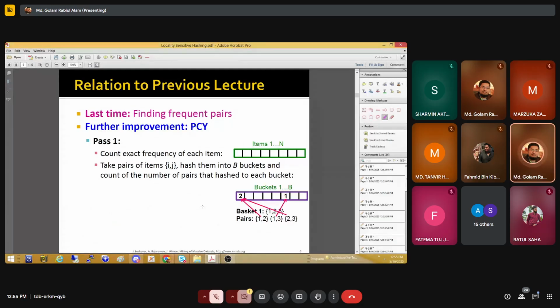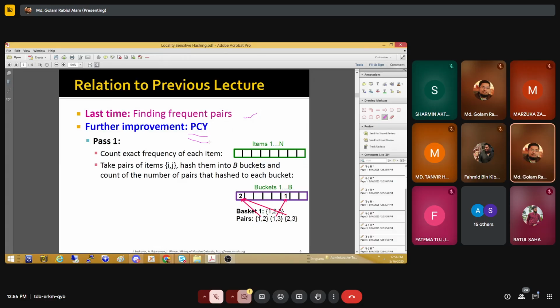Previously, when we discussed association rule mining, we already discussed the PCY algorithm for finding frequent pairs. That is the concept we used about hashing and bucketing.